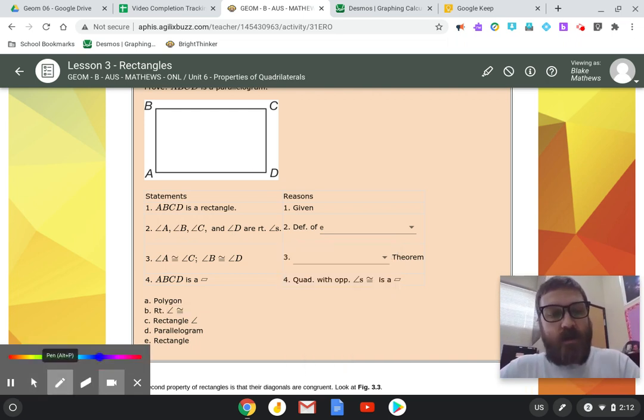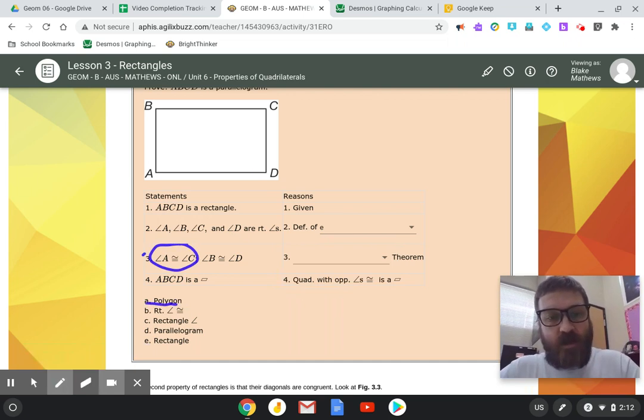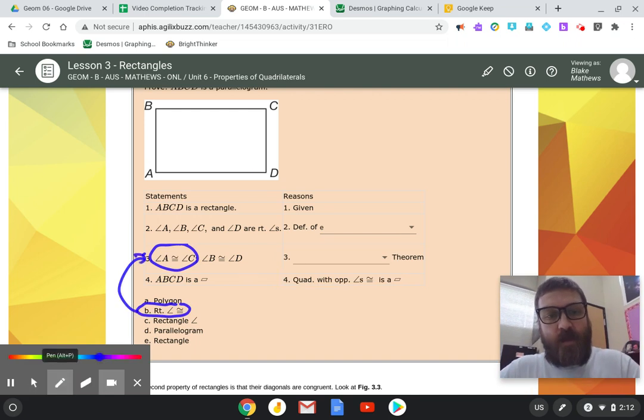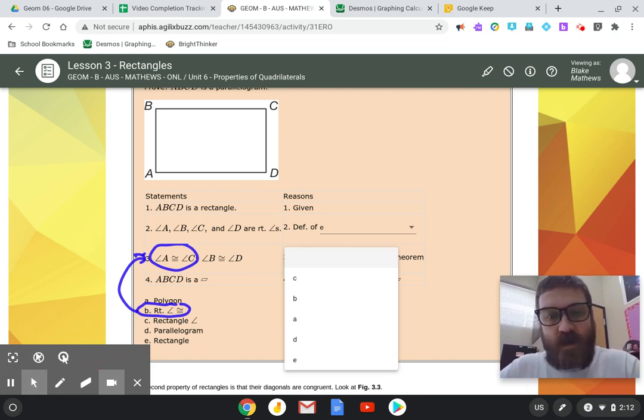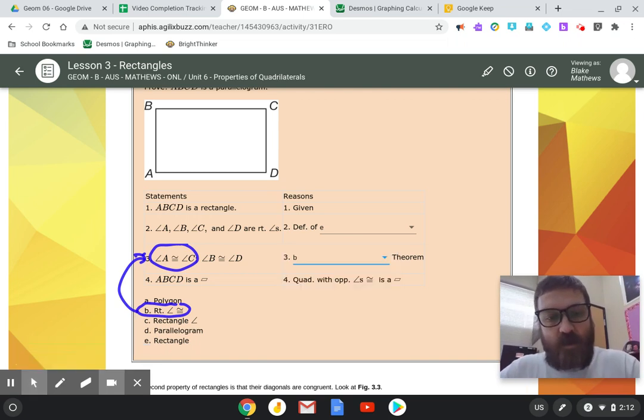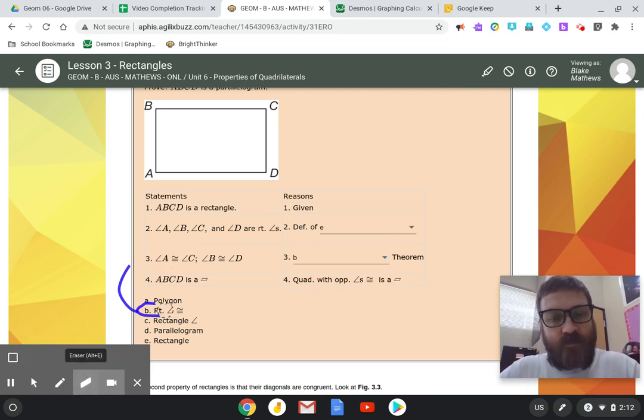It says right here, we are talking about congruent angles, and here is a property that talks about congruent angles. Common sense, that one must match up with the statement about congruent angles, and it is B, the right angle congruence theorem. All right, it's pretty easy.